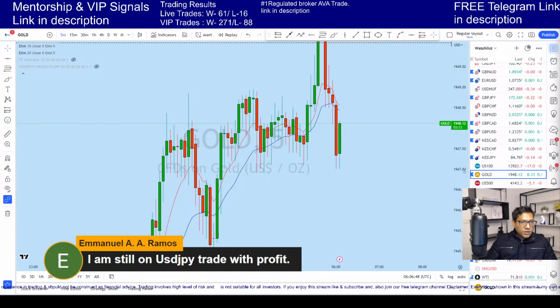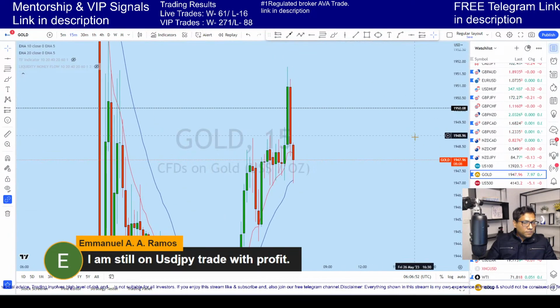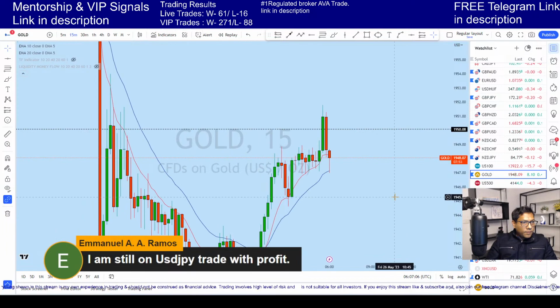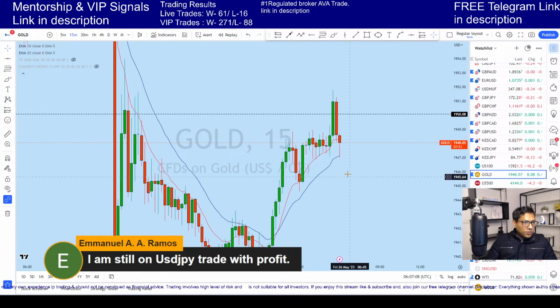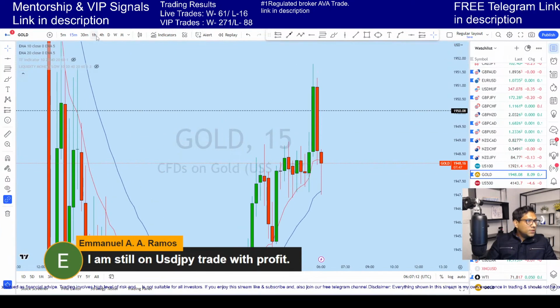If we look at the lower time frame, I think it has just tested the 20 EMA and is then bouncing towards the upside.